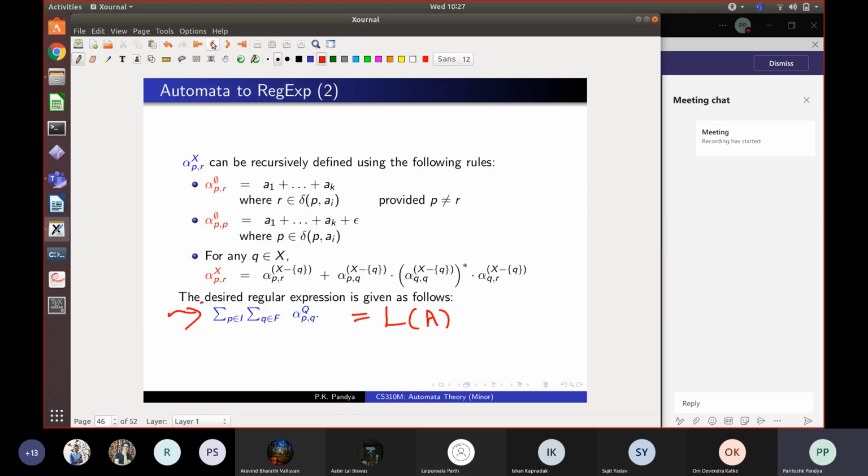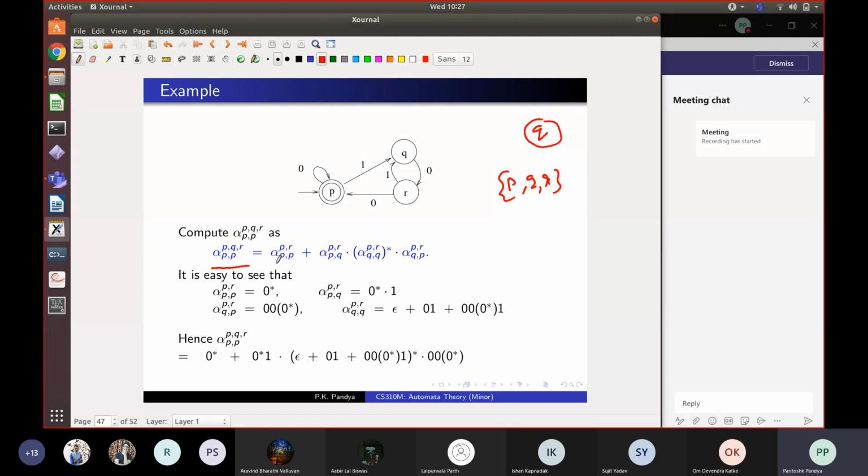So what do I do? By this equation, my X is the set PQR and I remove small q from that. So I have to calculate alpha PP on X minus Q. That is, I calculate alpha PP on the set of intermediate states PR. So from PQR I have removed Q. So everywhere I'll get the set of states as PR only, right?